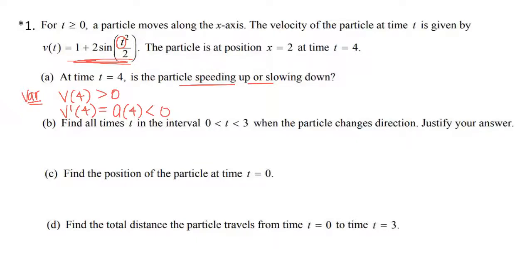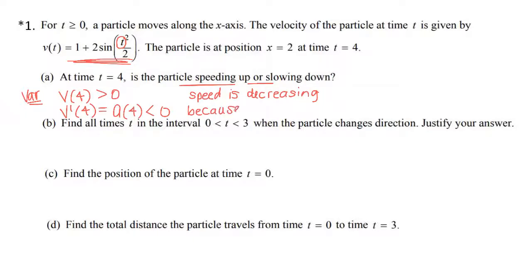All right, so what do we know about speed? Is speed increasing or decreasing? Speed is decreasing, so we're going to say speed is decreasing, and we need to make sure we tell the reader why we know that. Speed is decreasing because what?